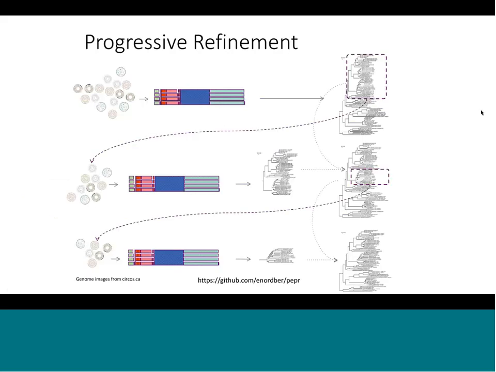So what progressive refinement does is when you're first building a tree and you select all your genomes, look across the first row of this diagram, and you see there's a large number of genomes on the left side that are denoted by circles. They run through the pipeline and it spits out a tree. If you have selected progressive refinement, what that does is it looks for branches of the tree that are weakly supported.